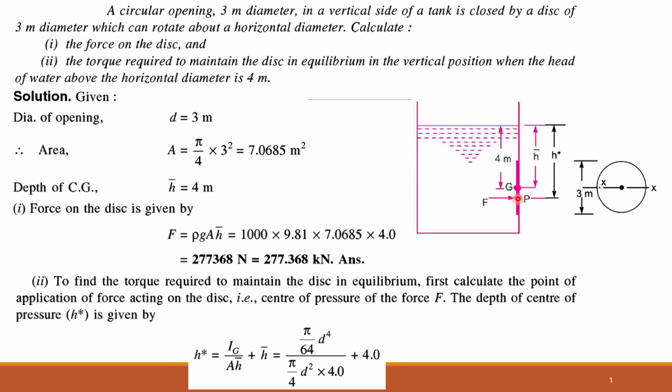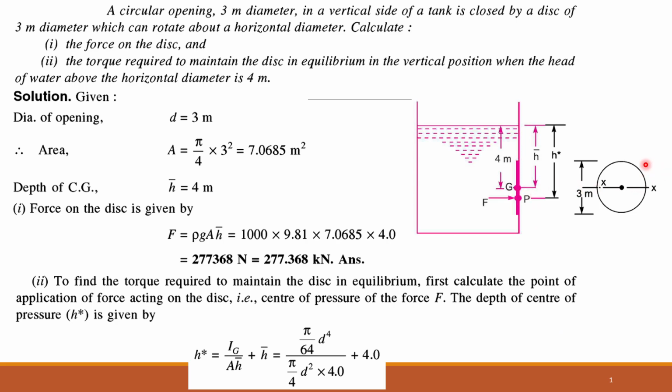So for that, we already have h bar. We need to find out h star in order to find out this small distance. Then only we can find out the moment. So for h star, we already have a direct formula. h star is equal to Ig by A h bar plus h bar. Now Ig, what is Ig? Ig is the moment of inertia of the area about the centroidal axis.